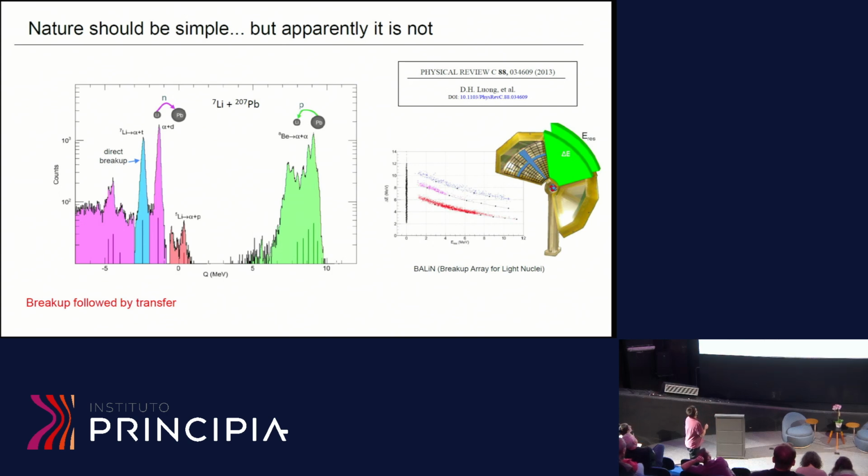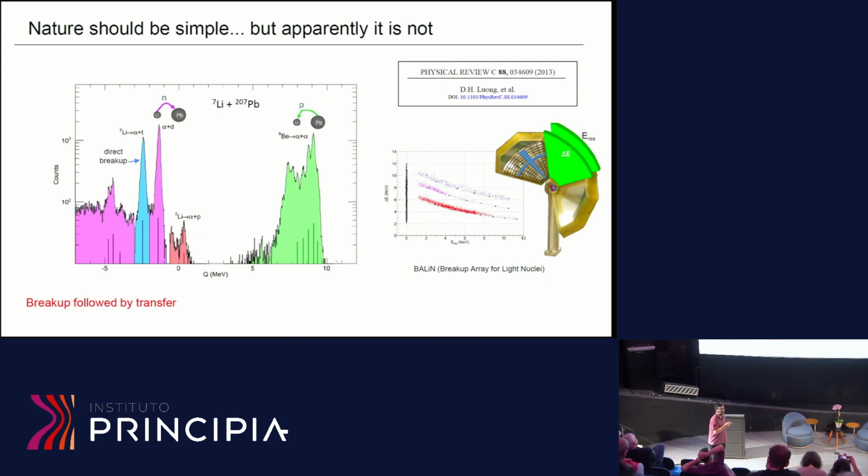And then they were quite surprised because they saw this spectrum here. If you look, alpha plus triton is here, but they could see also alpha plus deuterium and alpha plus alpha, right? And the explanation for this is that transfer plays a very important role. If we first transfer a neutron from the lithium to the lead, then it's possible to form lead-208, and then the lithium-6 would break into alpha plus deuterium.